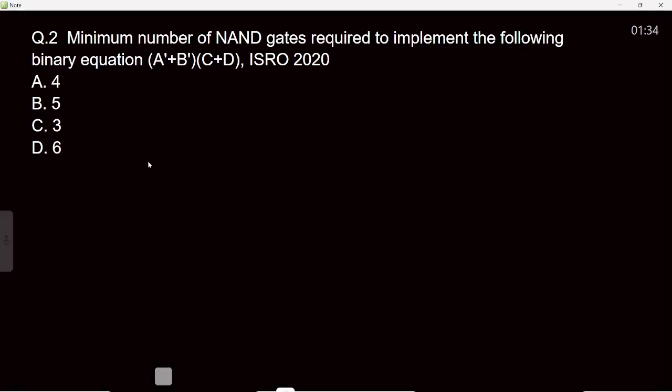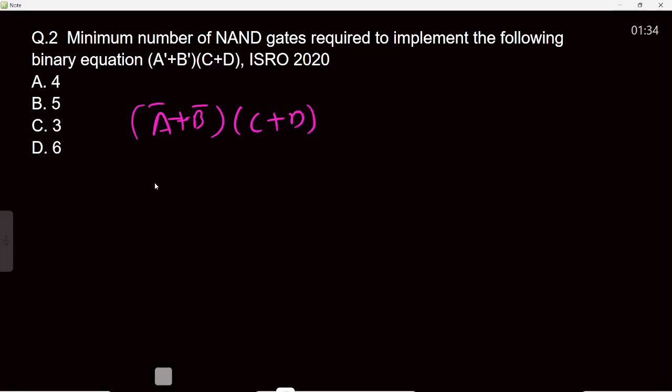Now I can write A bar like this also, or like this also, but I will prefer this. There is no difference between this and this. So now (A bar plus B bar) and (C plus D).